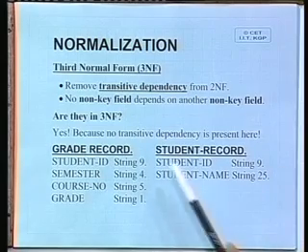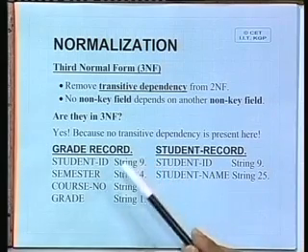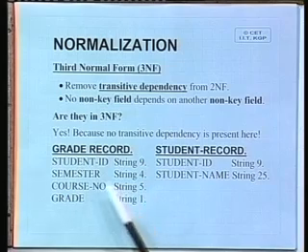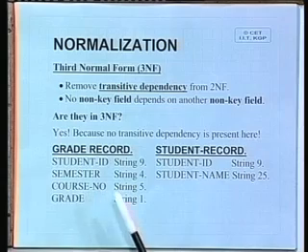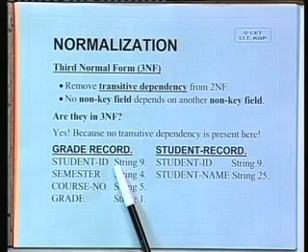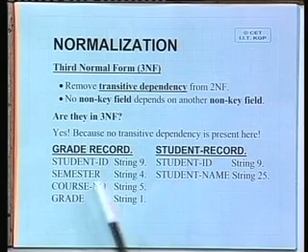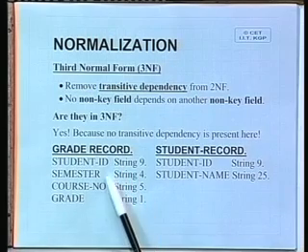So, if you recall, we took an example of students' grade records, and we found that the student name would depend only on student ID, whereas grade depends on student ID, semester as well as course number.